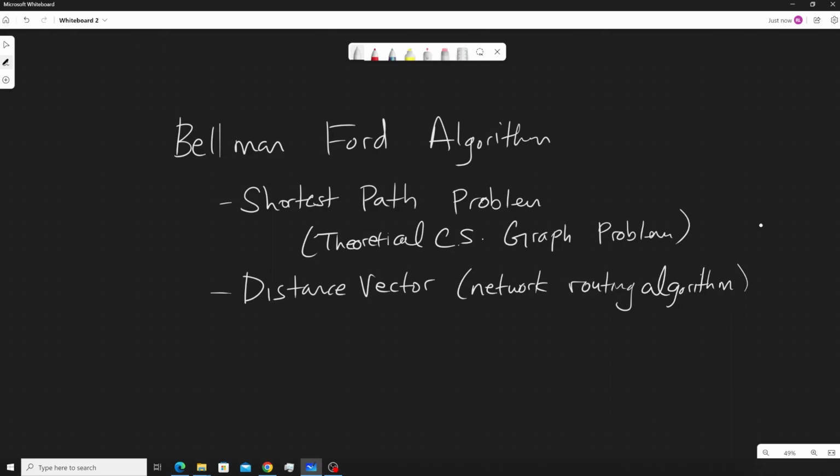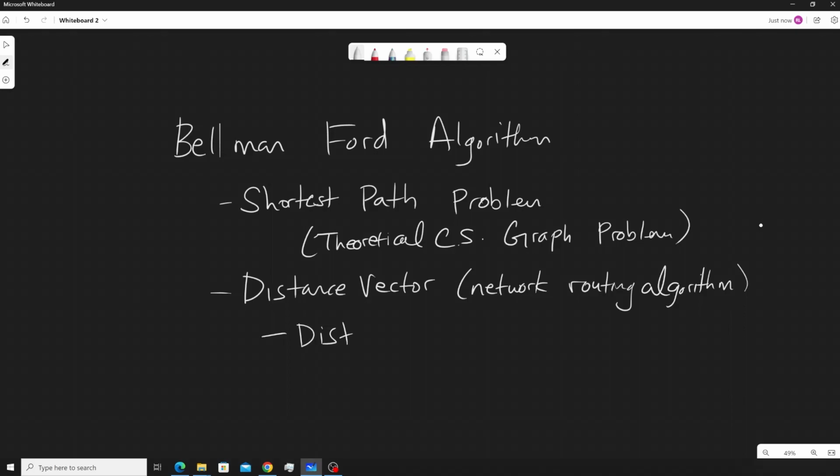The main difference is that Bellman-Ford itself is this theoretical computer science graph problem type algorithm, and distance vector is an implemented networking algorithm. So this is like theory versus application. There are some other differences as well. Bellman-Ford works as a single actor, whereas distance vector itself is distributed.